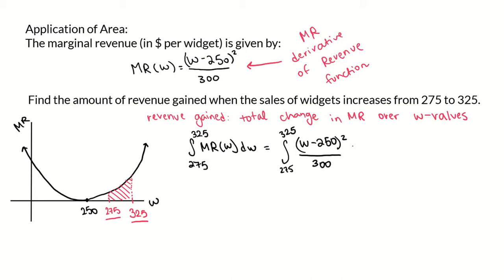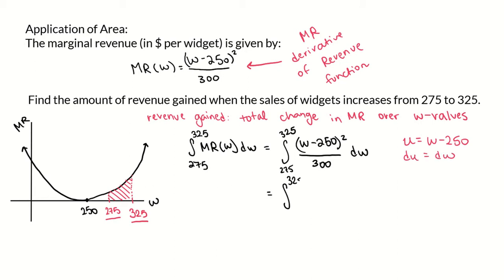Okay, and we could do U substitution here, but looking inside the parentheses, one thing that I notice is that the derivative of the inside there is just dW. So that means that we really can just integrate normally without U substitution. We can go ahead and do U substitution, however, so let U be W minus 250, du would be equal to dW.